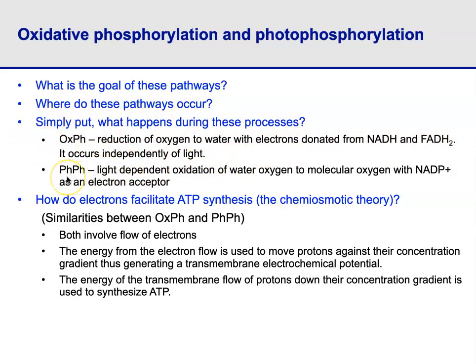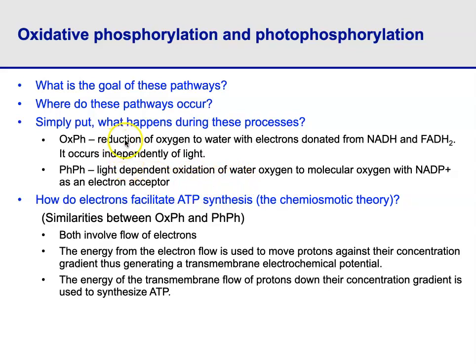Now, photophosphorylation on the other side is a light-dependent oxidation of oxygen from a water molecule that will be converted into molecular oxygen with NADP plus as an electron acceptor. So in a way, it almost appears as if it is the opposite process.